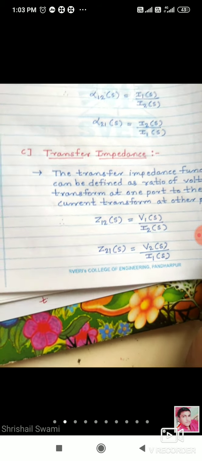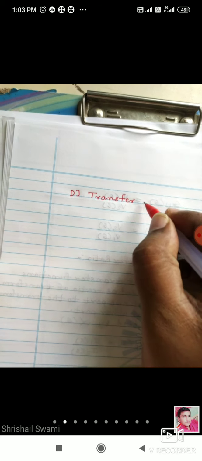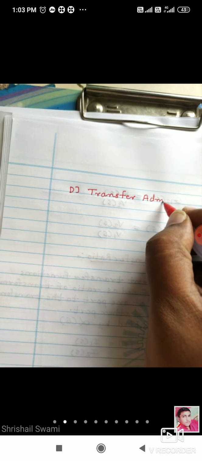So last two is remaining, that is transfer admittance. That is the D part, transfer admittance.